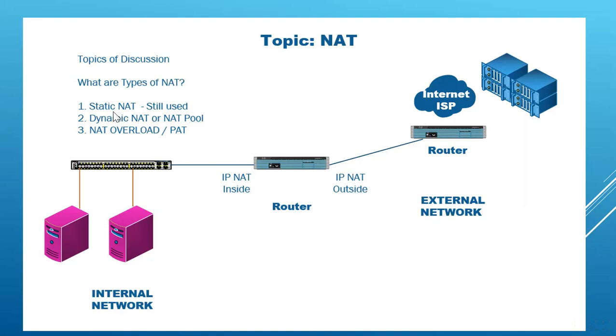I used to work for a manufacturing organization with a 5,000 square feet manufacturing facility with a lot of machinery, and we had a lot of vendors coming in and providing us with some of their servers that they would connect to our network, and some of these vendors would like to monitor these servers from the internet, from anywhere in the world. And that's where static NAT comes in.